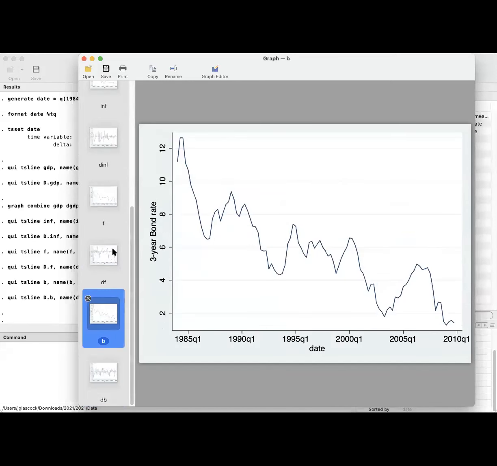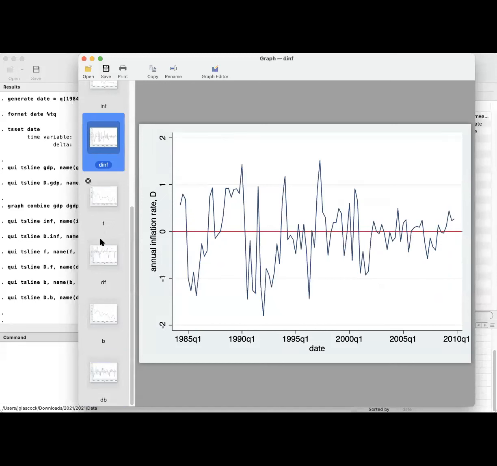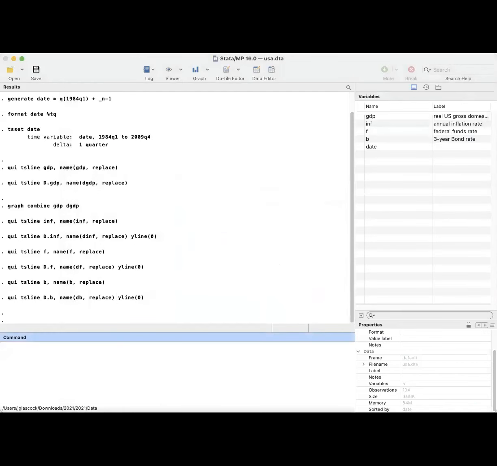As we have already noticed, it's not easy for us to make comparisons if they're separated. So let's use the graph combine command to combine them so we can see them in one chart. I also use cols(2). That basically means I would like to put all the graphs in two columns, side by side, so that I can make comparisons. So let's submit this command line that combines all the diagrams we have generated in previous steps.